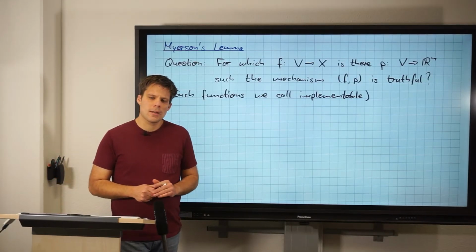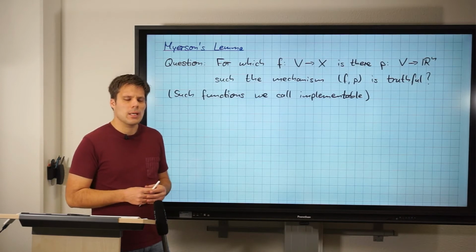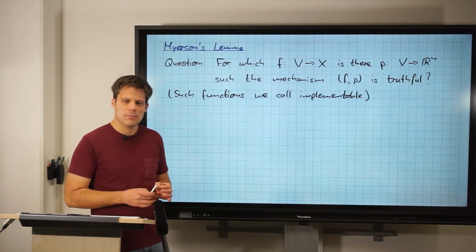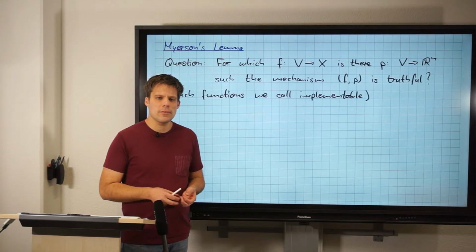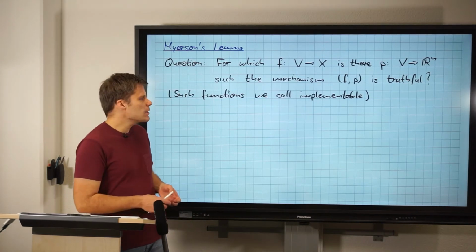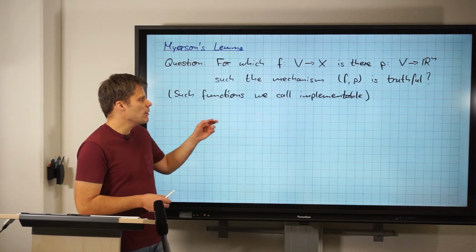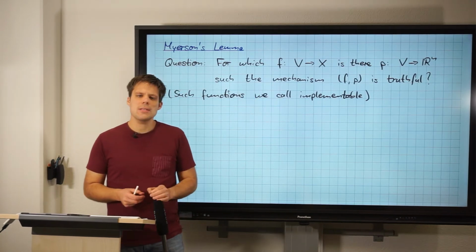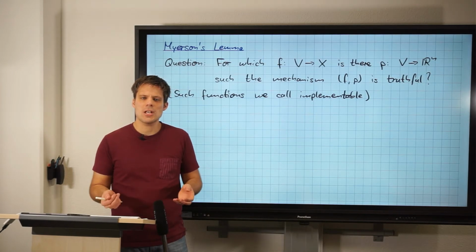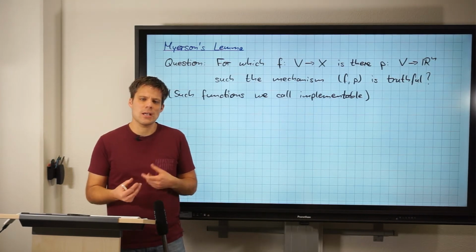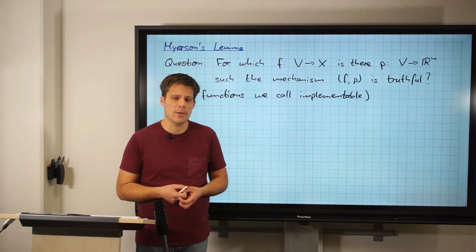So this is an even more complicated question than just asking, if you give me an F and a P, is this a truthful mechanism? We're even asking, you now give me this F, and I have to tell you whether there is a chance that you can actually build a truthful mechanism with this.